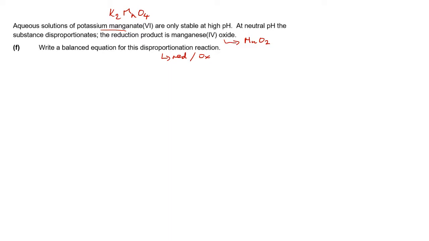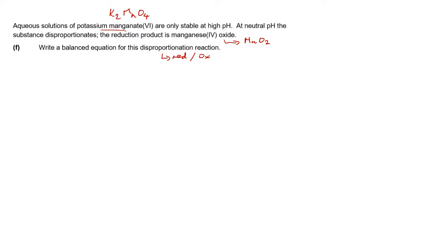So it can't be oxygen, and it can't be potassium, that's always +1. So it must be manganese that is disproportionating. These are redox reactions, so we write ionic equations, and potassium is a spectator ion, so we're going to just ignore potassium. It's all about the manganese.